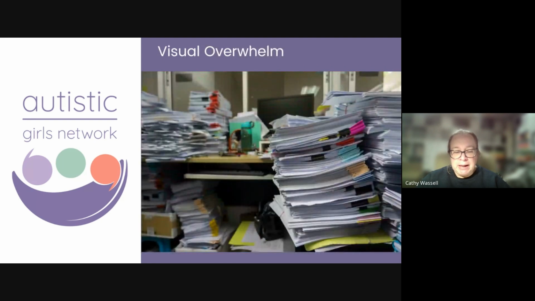And then let's think about visual overwhelm. This is a visualization of my desk at the moment. It pretty much looks like that, unfortunately. But everyone's different. The ADHD part of my brain fights with the autistic part of my brain. The autistic part of my brain wants clear surfaces and calm and complete A+ organization.